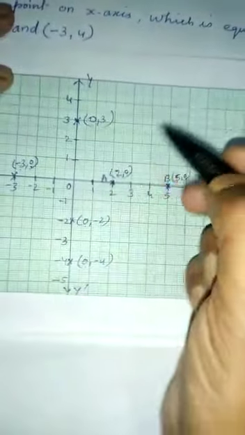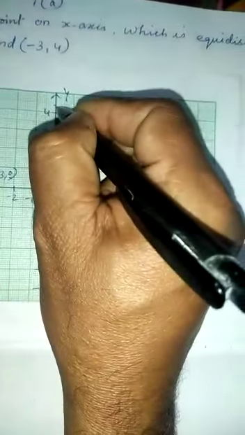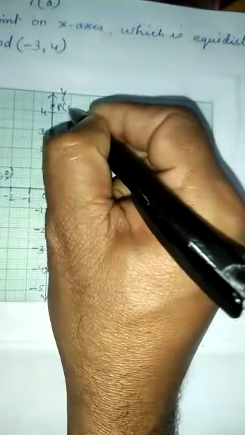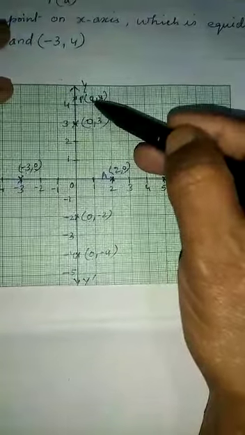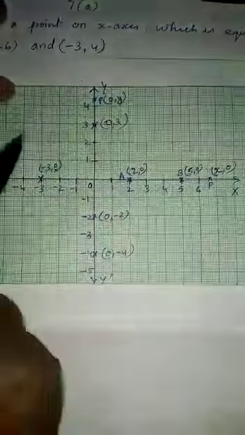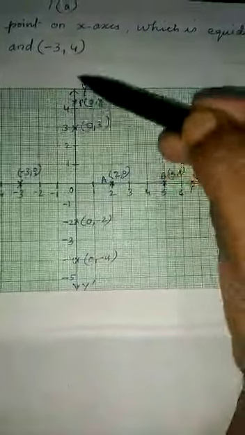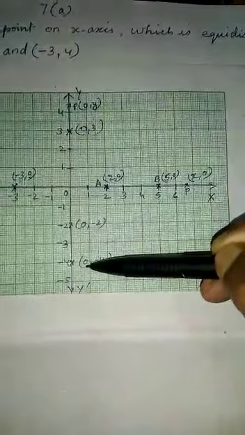So when we take a general point on the y-axis, it looks like P (0, y). The abscissa remains 0. So from here we can understand, when we take any point on the x-axis, its ordinate remains 0. When we take a point on the y-axis, the x value or abscissa remains 0.